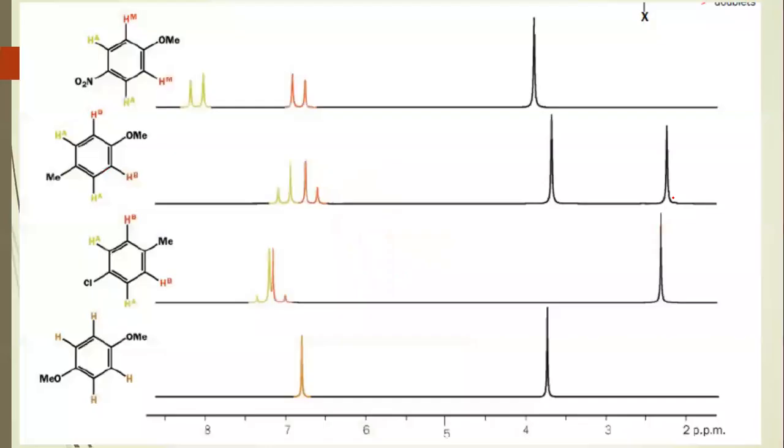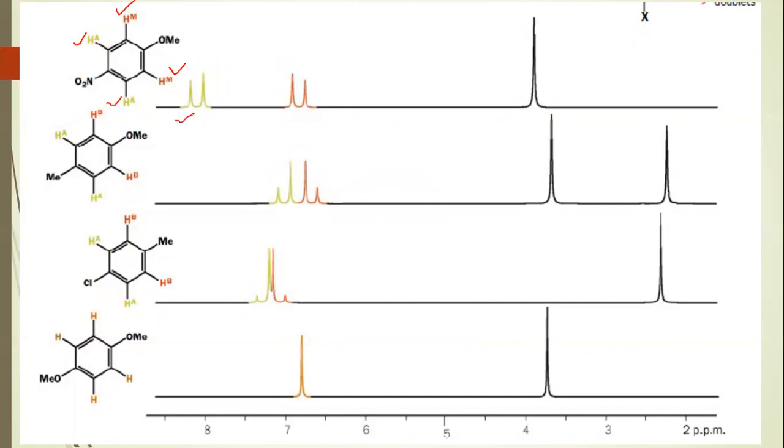Now let us go towards one more example. Look at this, para-nitroanisole is there. It has four aromatic protons. These two are chemically identical protons and these two are chemically identical protons. Now look at the signals of these protons, the A protons, as they are ortho to the nitro group.